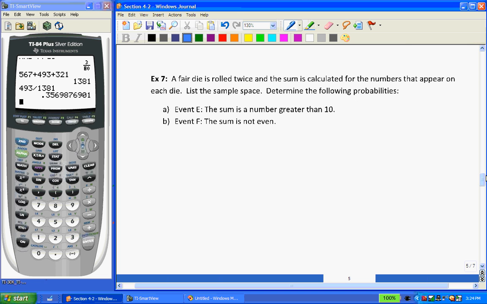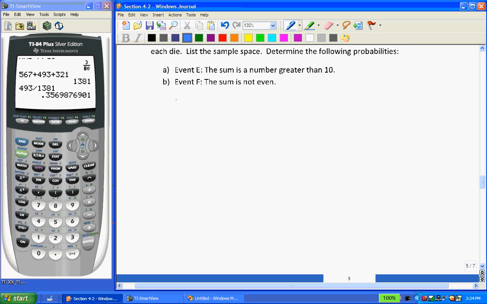Okay, example 7. A fair die is rolled twice, and the sum is calculated for the numbers that appear on each die. List the sample space and determine the following probabilities. Okay, so if I roll 2 dice, well, I could get 1 on the first die and 1 on the second die.